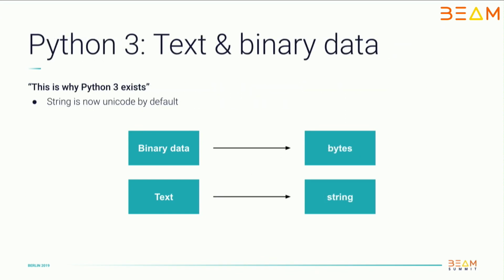This is actually the main reason why Python 3 was introduced as a new major version: to solve these problems with strings. On Python 3, string is Unicode by default, and we have a very nice mapping of our binary data and our textual data. They both have their own types. Binary data uses bytes, text data uses string, and everything is very straightforward.